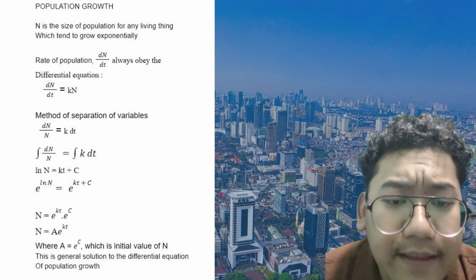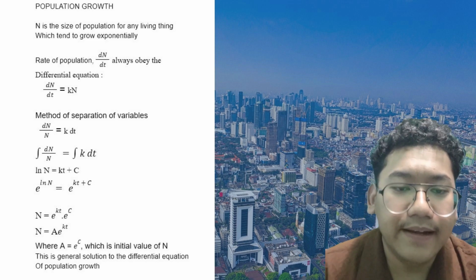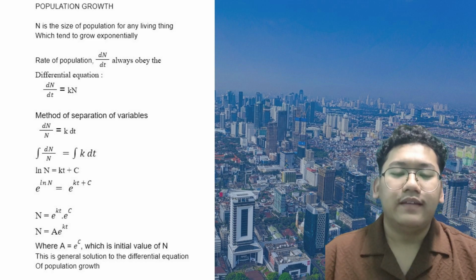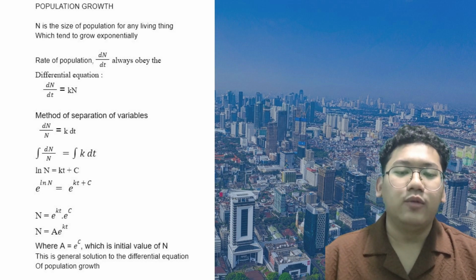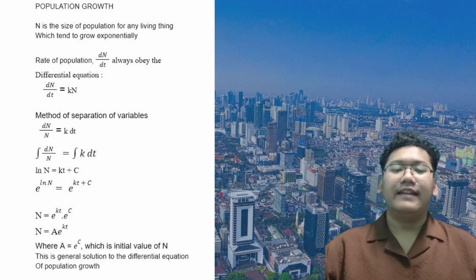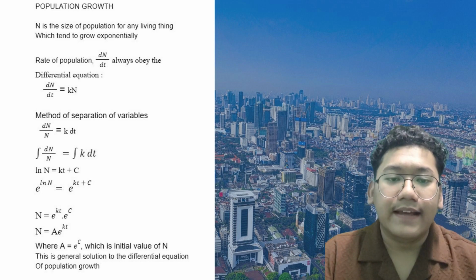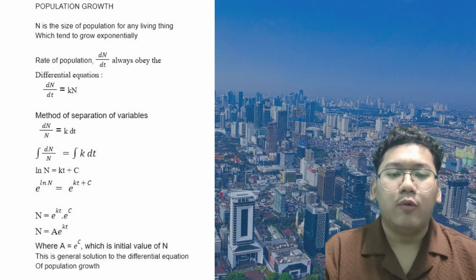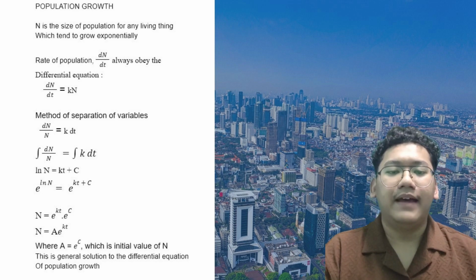Okay, by using the method of separation of variables, we move the N term into one side and the t term in another side. And then we integrate both sides. We will get ln N equals kt plus c.